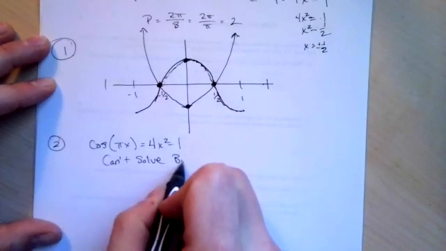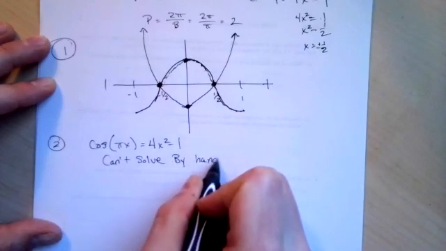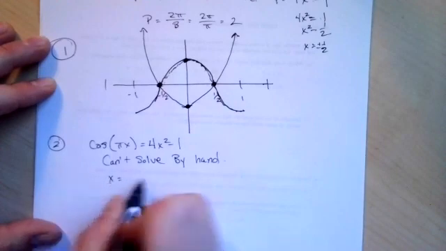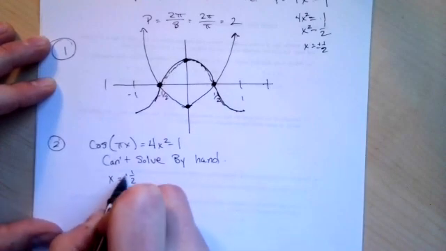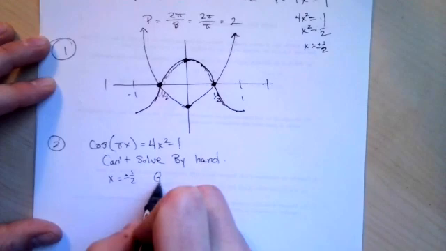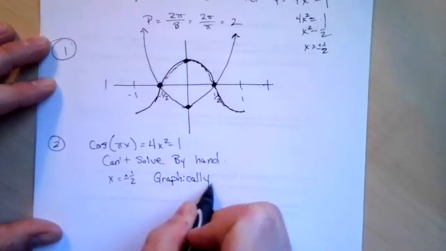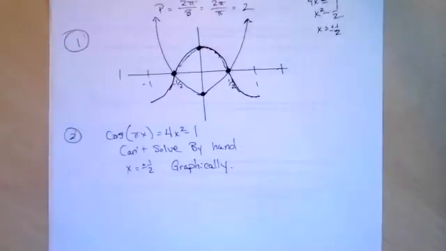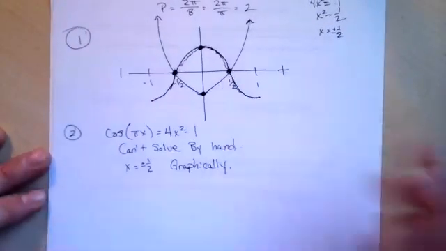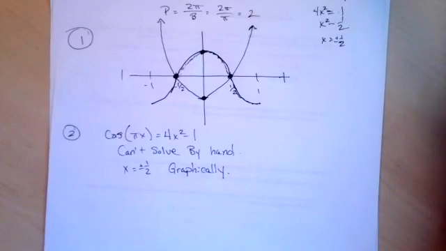Can't solve by hand. But we saw x is plus and minus 1/2 graphically. So we saw the intersection points, both go through 1/2, 0 and minus 1/2, 0.